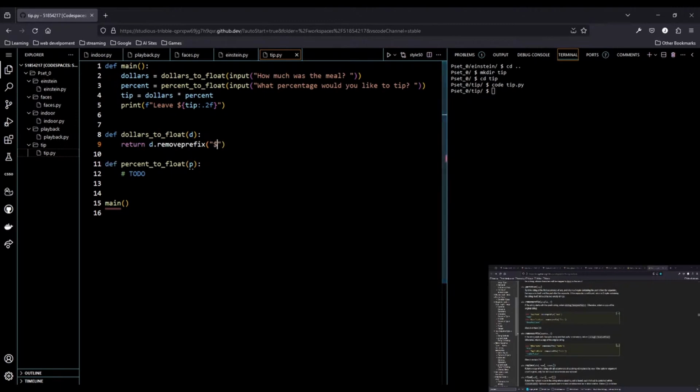If we go back over to, while we're looking at the remove prefix, I think that'll work. And then this would be the exact same, but only with a remove suffix.